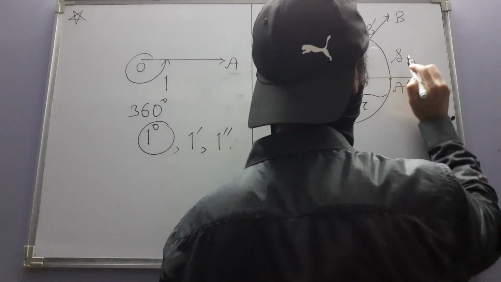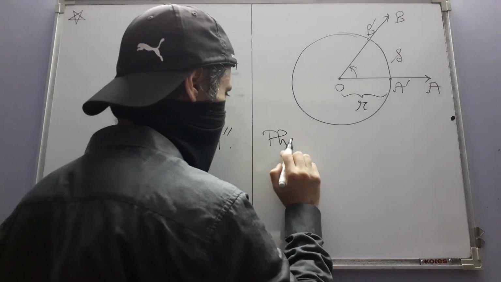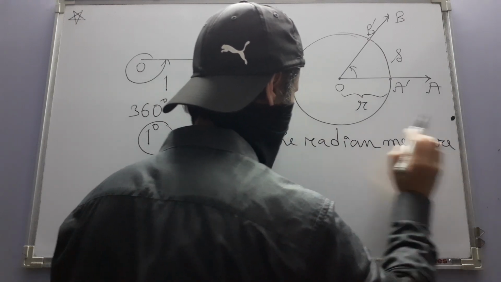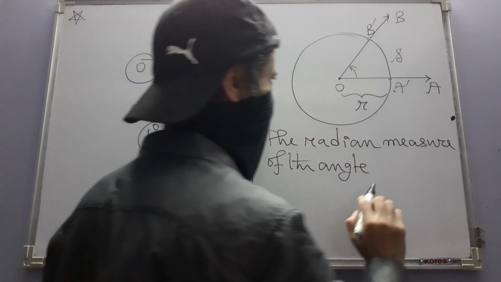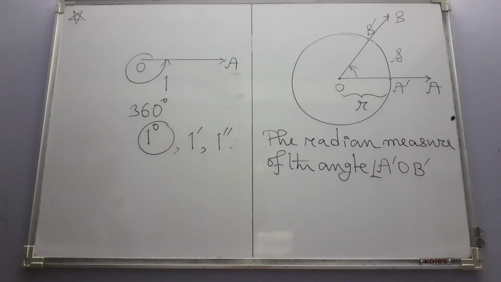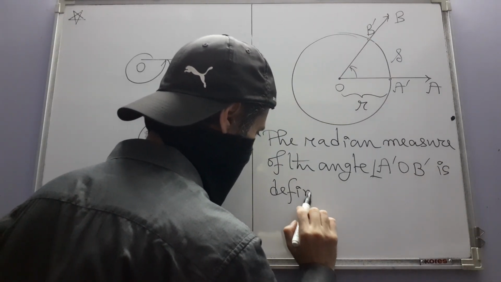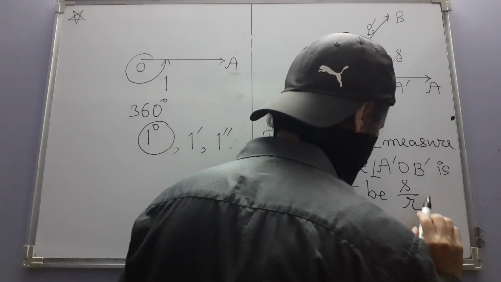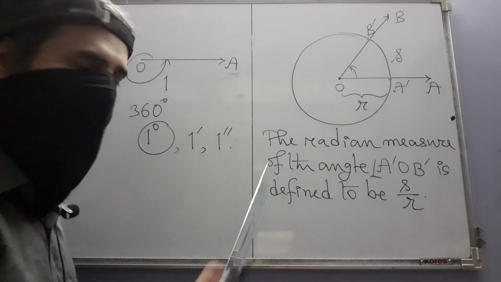Let the length be S. Then the radian measure of the angle A prime O B prime, we usually write an angle like this, is defined to be S divided by R. If you divide that arc length by the radius, you will get a number.